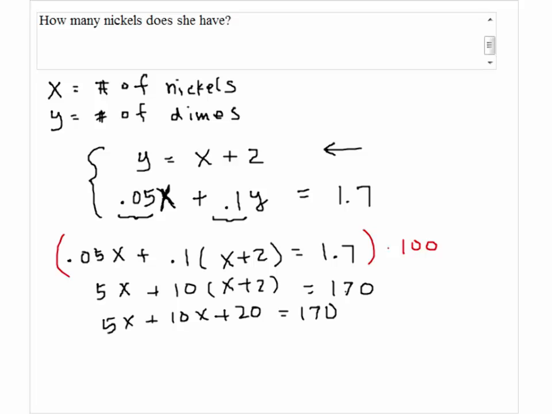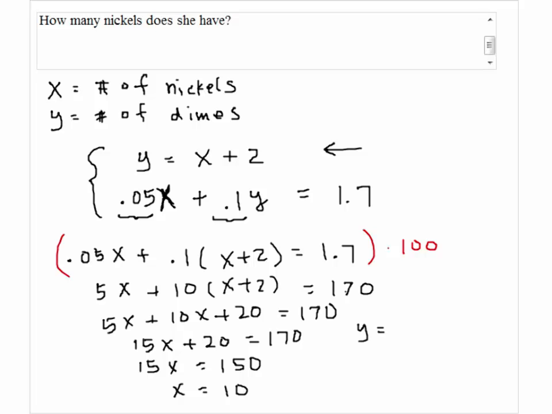By combining like terms, we get 15x plus 20 equals 170. So 15x equals 150. So x will be 10.